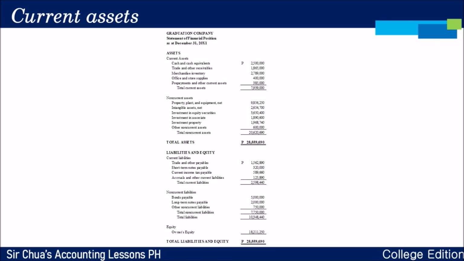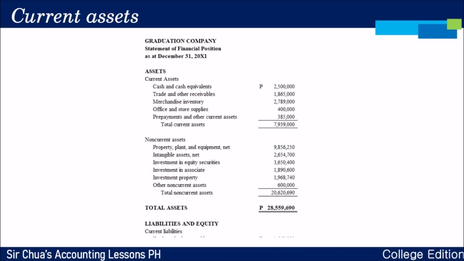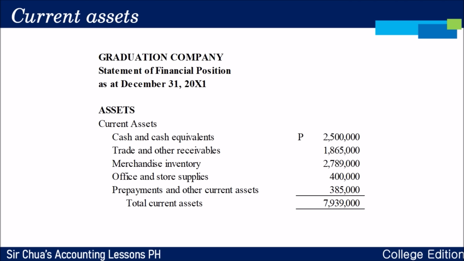Okay, so let's start our lesson for today. Intermediate Accounting 1, as I've told you in the general orientation, is about assets. Now specifically, let's first talk about current assets. And for this specific video, we are talking about the very first line item in the current asset section of the Statement of Financial Position, which is cash and cash equivalents.